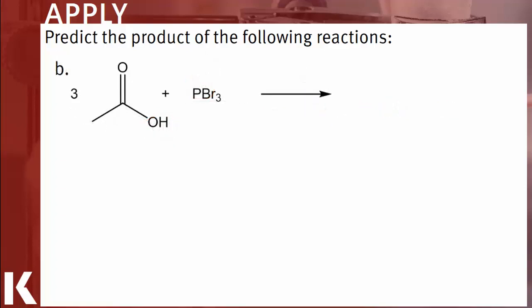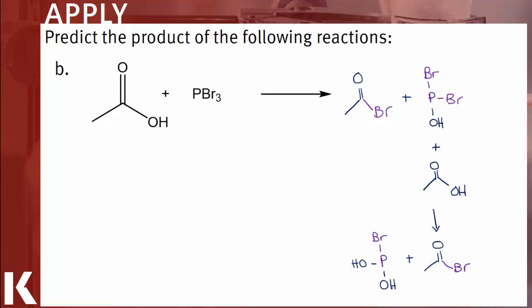The next part of the applied question has three equivalents of acetic acid reacting with phosphorus tribromide. Let's consider each individual step. One acetic acid will react with phosphorus tribromide to produce acetyl bromide and dibromophosphonous acid. Another acetic acid will come and react with the dibromophosphonous acid to produce acetyl bromide and a phosphorus compound with only one bromine left.